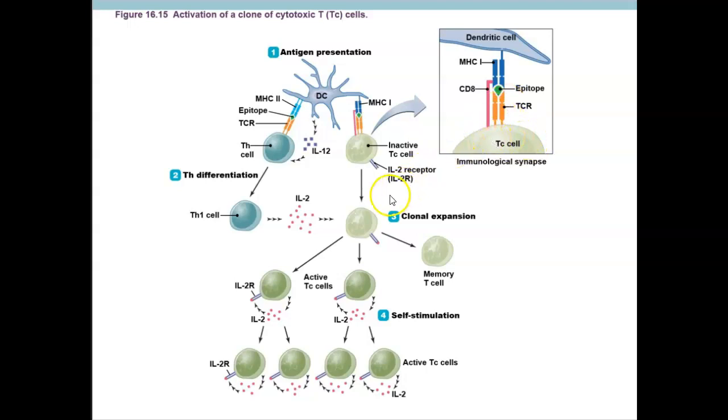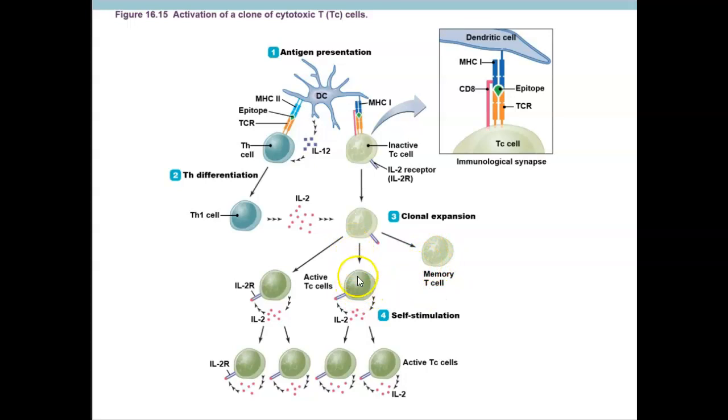This T cell becomes activated and undergoes clonal expansion, which is exactly what it sounds like. The cell does mitosis, mitosis, mitosis, mitosis, and it makes a bunch of active cytotoxic T cells. It also tucks away some memory cells. We'll talk about memory cells in a bit as well.